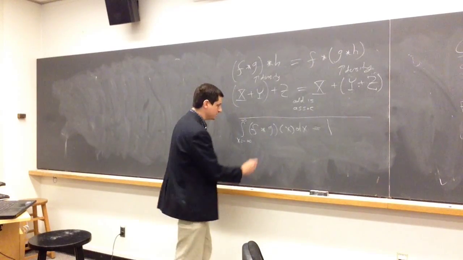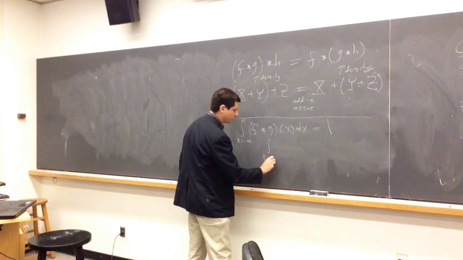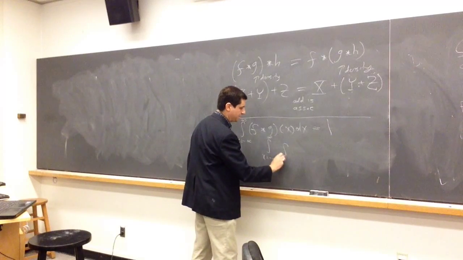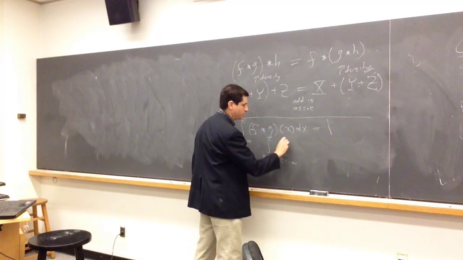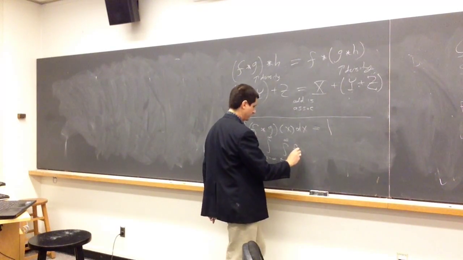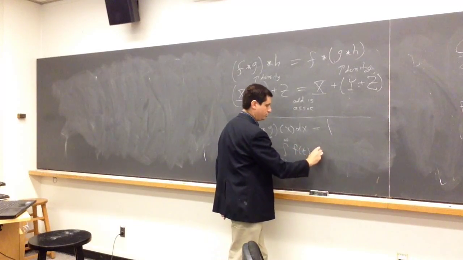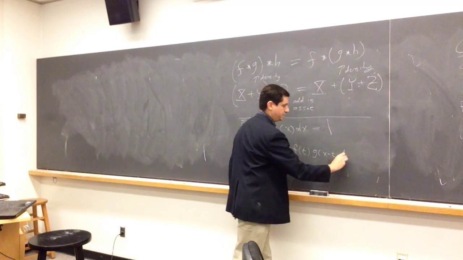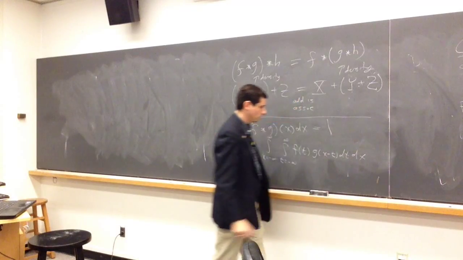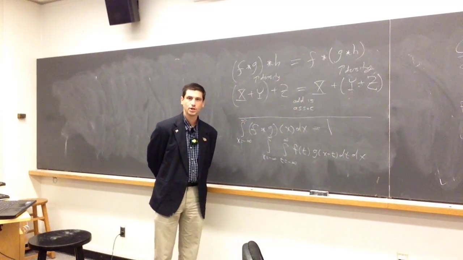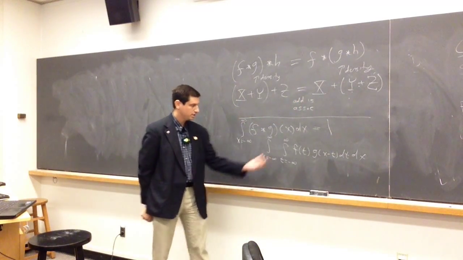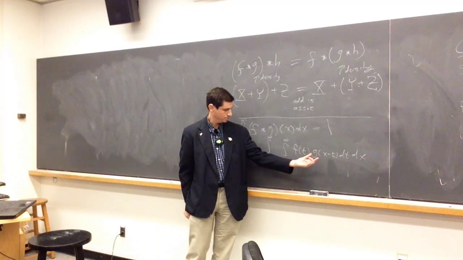Now what this also means is that if we integrate x goes from minus infinity to infinity, and then t goes from minus infinity to infinity, of f of t g of x minus t dt dx, this has to equal 1. So we should be able to prove this directly from looking at the integration.